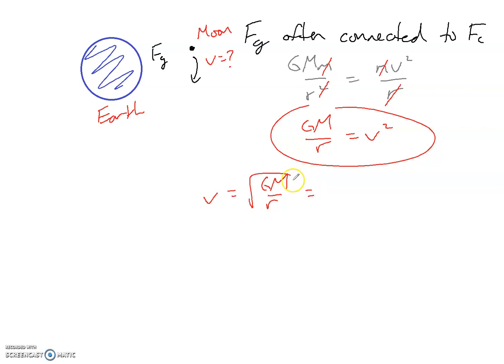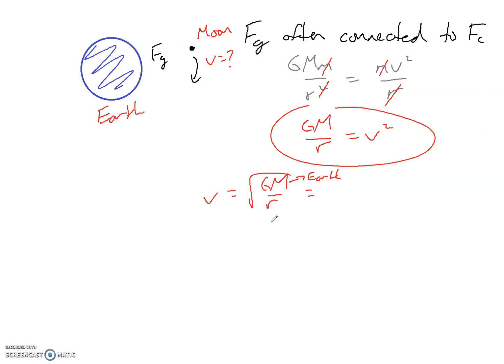And this mass would be the Earth mass, because the mass of the moon actually canceled out over there. So we have the G, that's the 6.67 times 10 to the negative 11. Mass of the Earth is from your table of values. The distance between the Earth and the moon, that is also in your table of values. Put them together, square root it. Don't forget the square root.